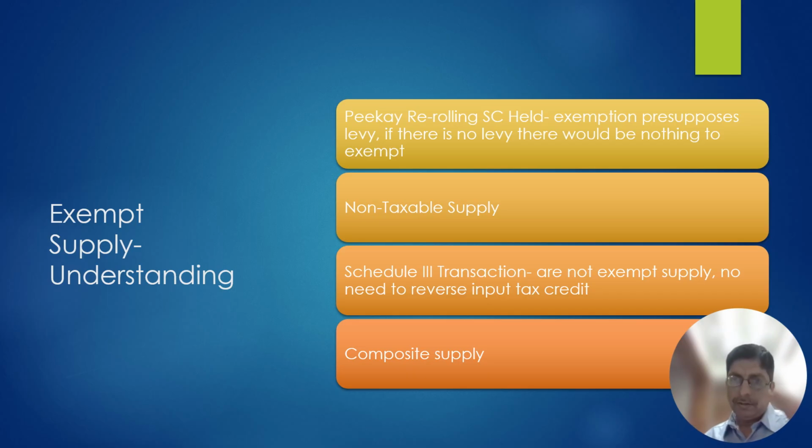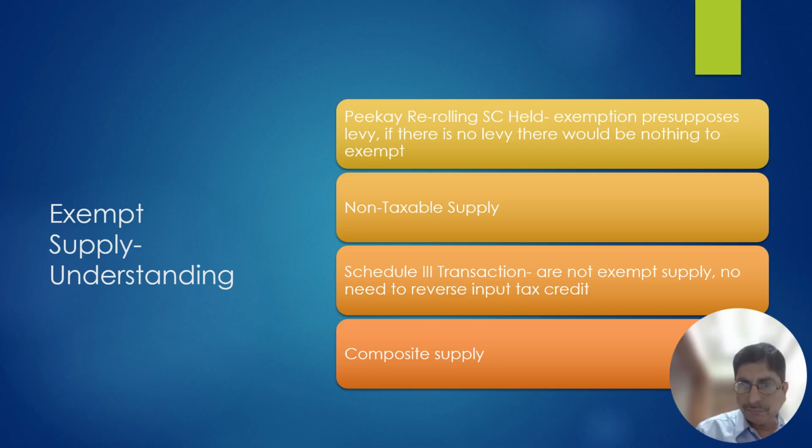See, in the law, in many places, the word used is taxable supply. In some cases, the words used are taxable and exempt supply. When the word used is taxable supply, it means both taxable and exempt supply.